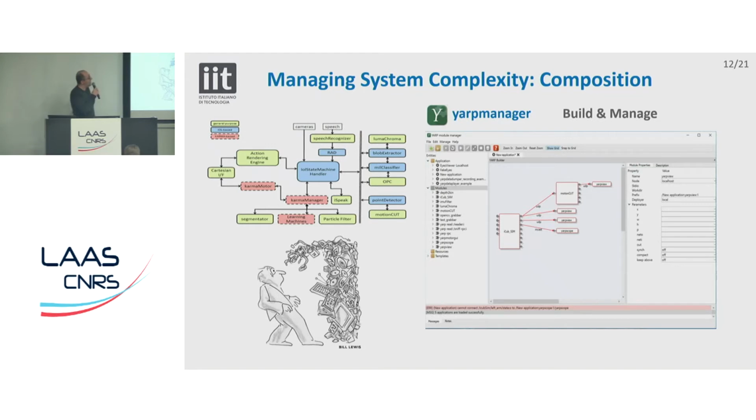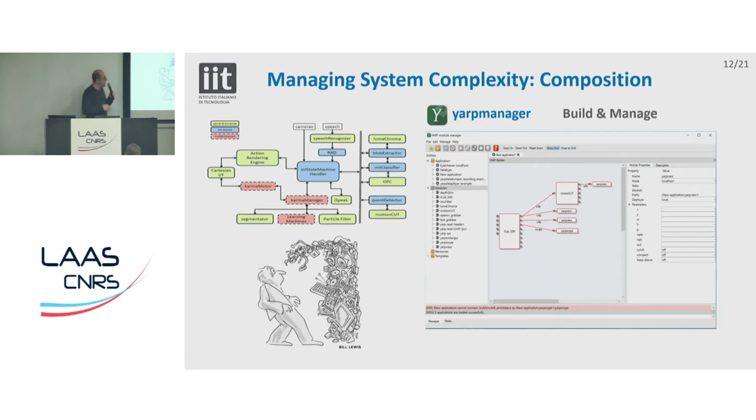For what concerns composition, when you are tasked with the goal of creating complex behavior made of simpler building blocks, in YARP you have YARP Manager, which is a GUI where you can build your architecture by drag and drop of modules, connecting them like you would do in Simulink, for example.